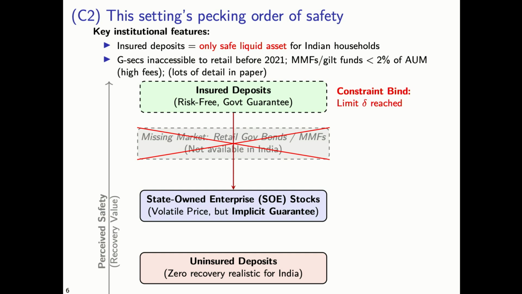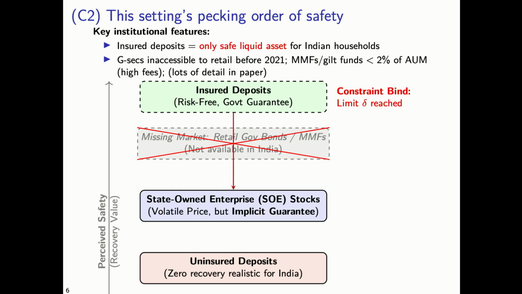It's really interesting. So typically, when we think about perceived safety and risk in India, it goes from insured deposits, the risk-free government guarantees. Then there's this thing missing, which is retail government bonds and money market funds, not available. Then we apparently jump, as the next best alternative to insured deposits, to state-owned enterprise stocks.